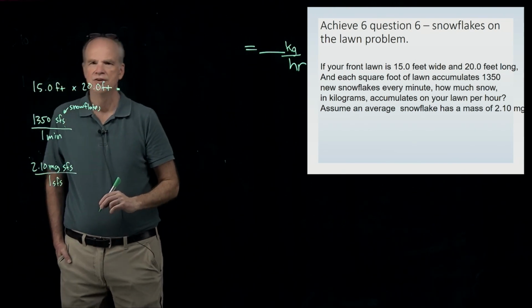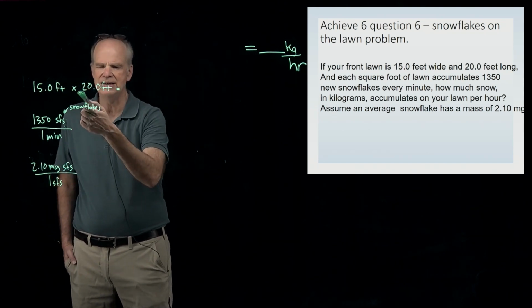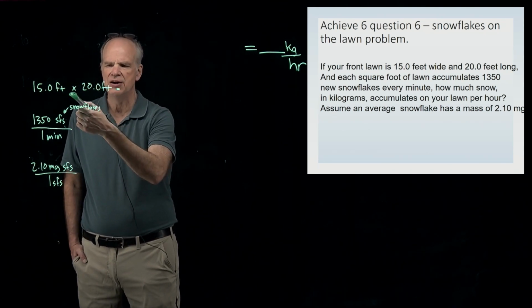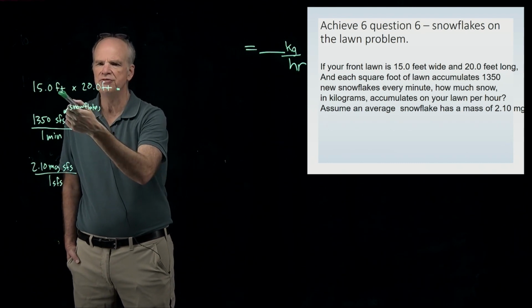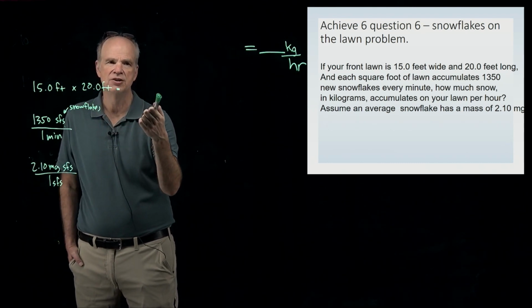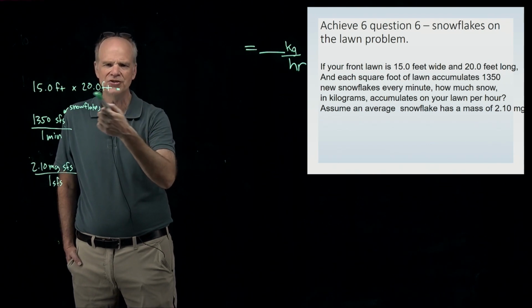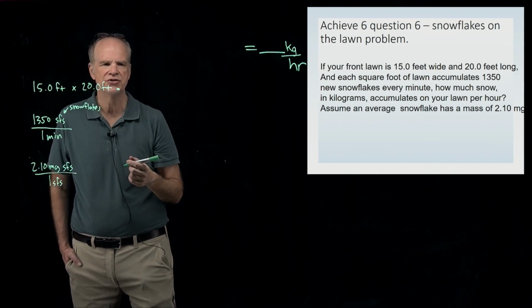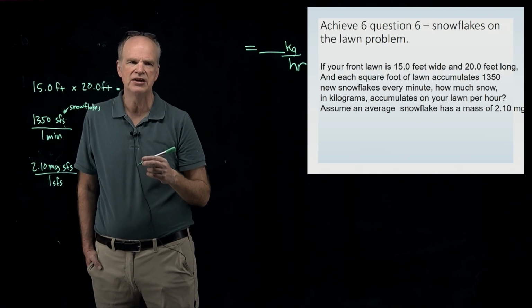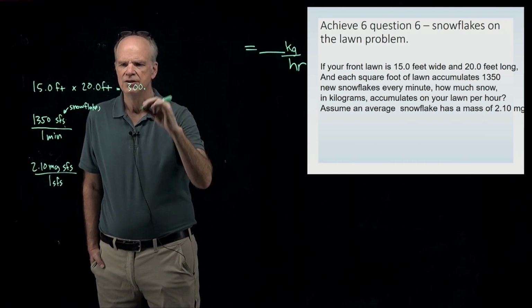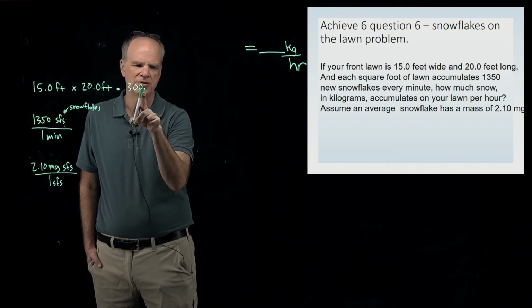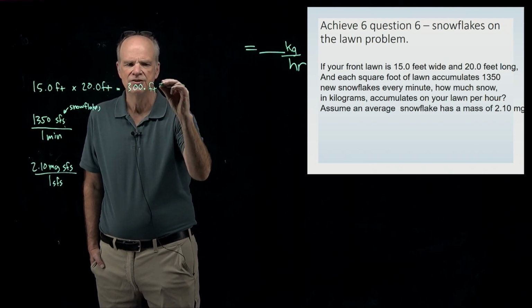Okay, so one thing I can't help but notice is that we have dimensions here of an area. You can see that feet times feet is going to be feet squared. So let's go ahead and just multiply these two numbers and then work with that. So 15 feet times 20 feet, I worked it out earlier, is 300, and it looks like we need three significant figures, so I'm going to put a decimal there, feet squared.